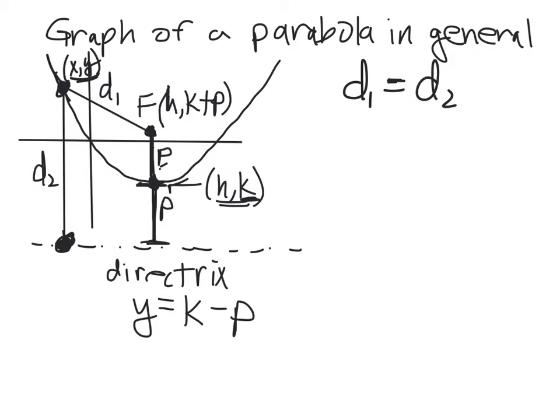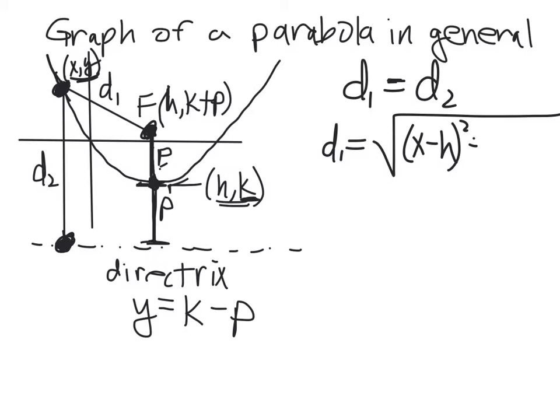We can do that through the distance formula. d1 is going to equal the square root of x2 minus x1, so (x minus h) quantity squared, and then y minus y1, which would be our (k plus p), and again that's quantity squared.